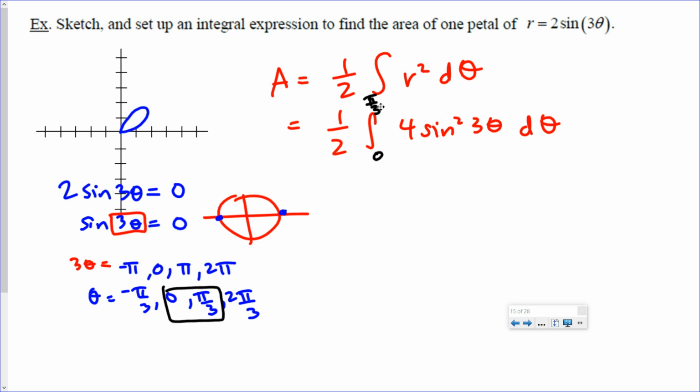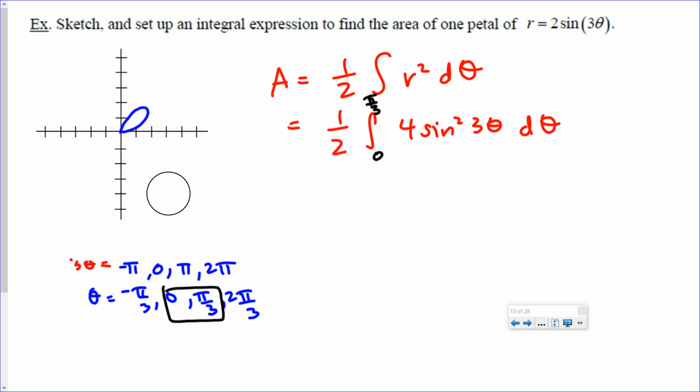All right, so we've got 0 to pi over 3. And I'm going to set this up for you, do part of it, and then I'll leave you guys on your own. Okay, so this will be from 0 to pi over 3. Let me pull out the 4, okay? If I pull out the 4, I'll get 2 from 0 to pi over 3, sine squared 3 theta.